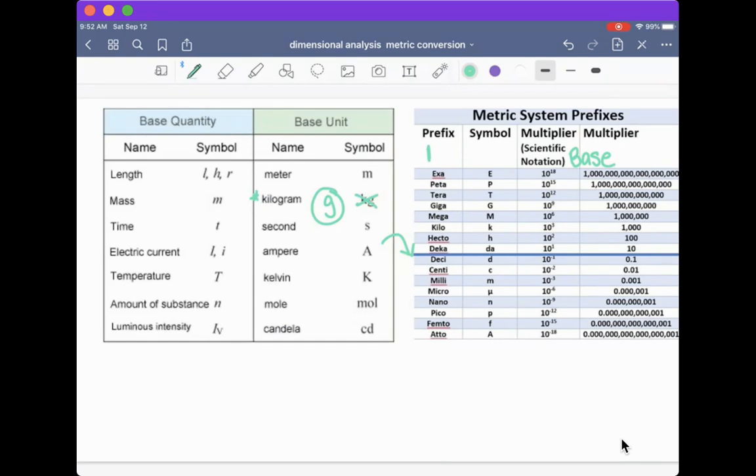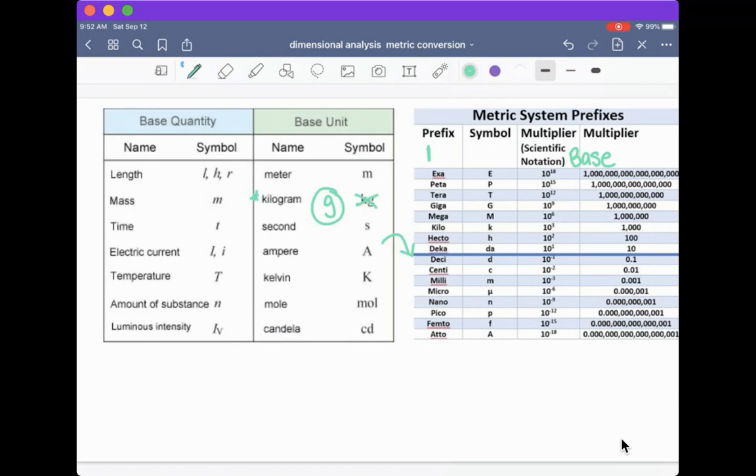So how many of the base unit fit into that prefixed unit? Now, it's a basic pattern when we're converting between any of those units. You can go from exa into peta, from mega into micro, deci into centi, any which way in the table, but you're always going to follow the same pattern.